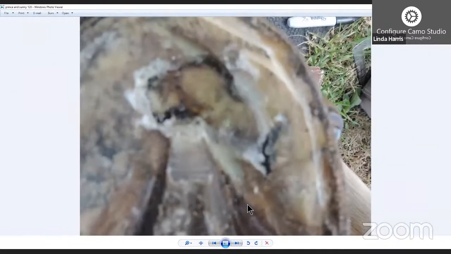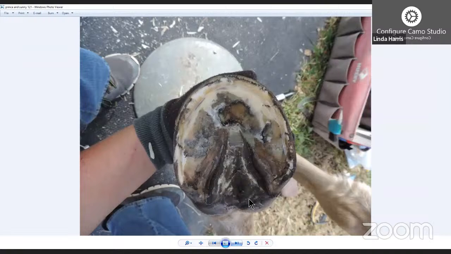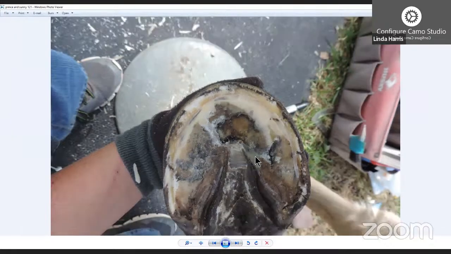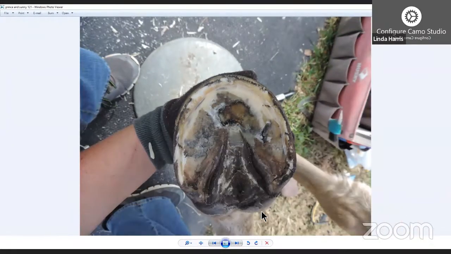Okay, here's the other foot. See, both front feet had that, and so it wound up being up into here. And I think maybe this is the one that had the bar issue.